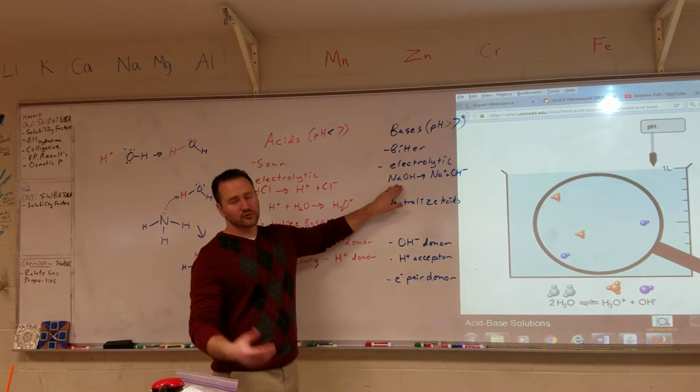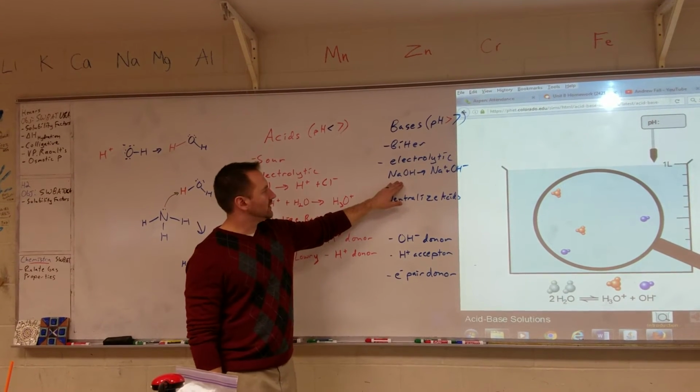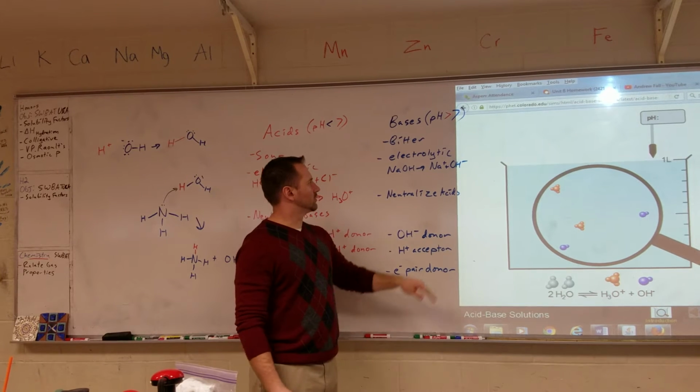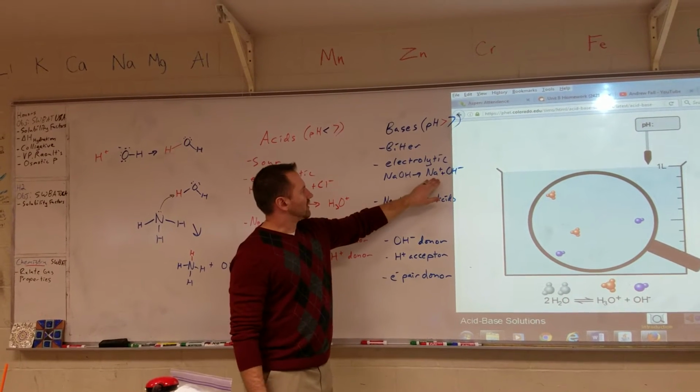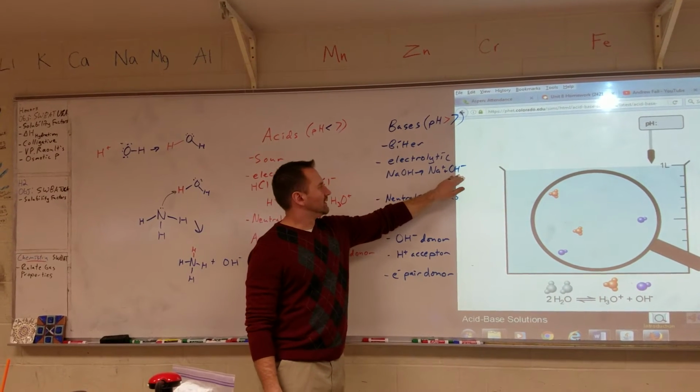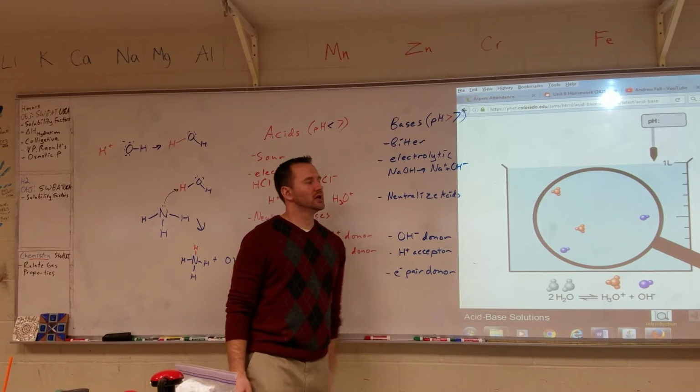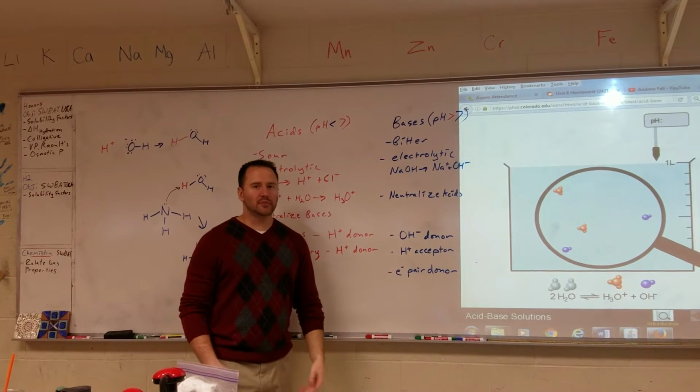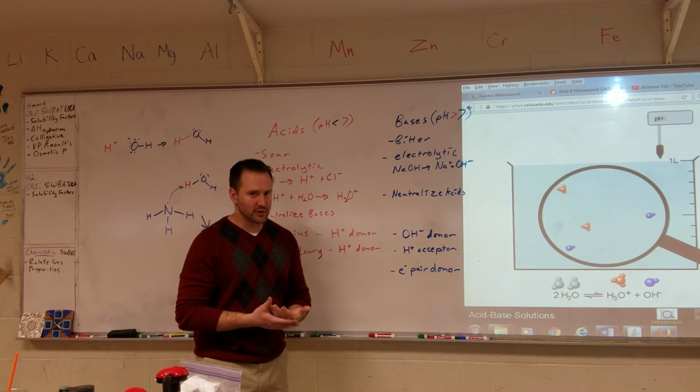Bases, on the other hand: the most common base we work with is sodium hydroxide, and that's a strong base, and we'll learn what that means in the next video. It breaks apart into a sodium ion and the hydroxide ion. Acids and bases are opposite because they can neutralize each other.